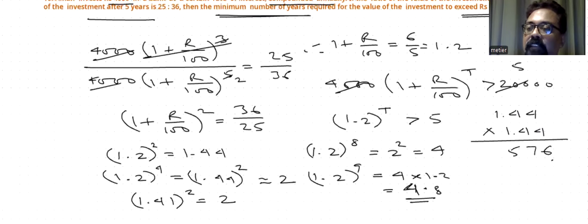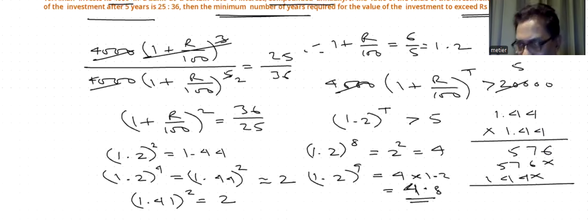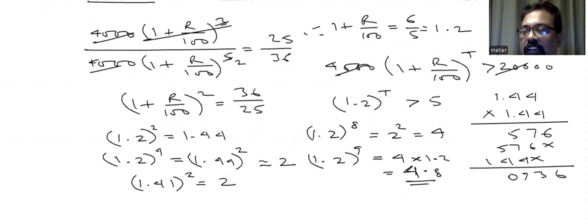Again 576, again 144, and adding, we get 2.0736.